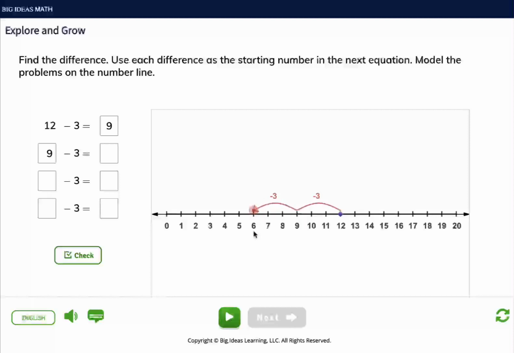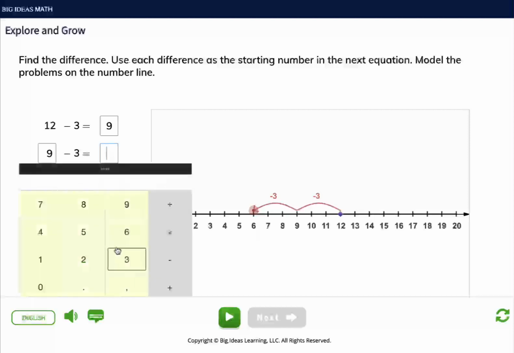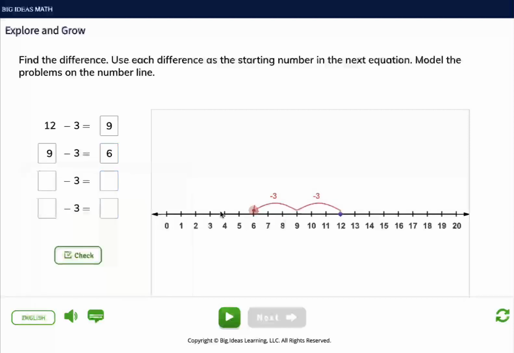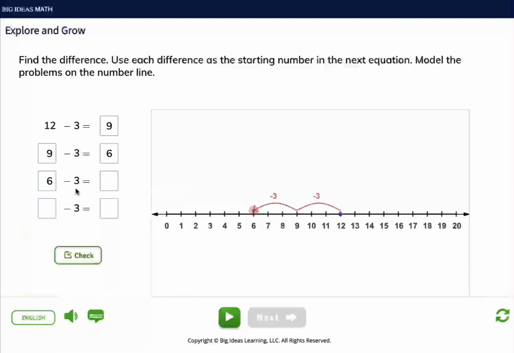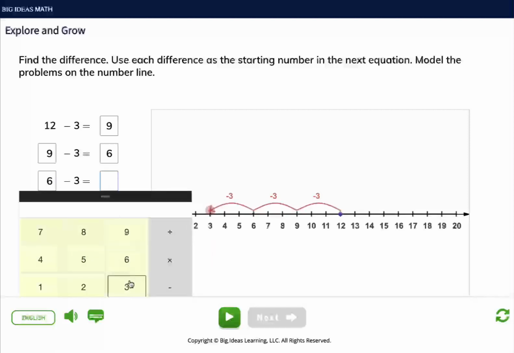So we land on 6. Okay, so we write here 6. And in the next equation, we start at 6. So 6 minus 3. We're using the same number, 6, as the starting number in the next equation. So 6 minus 3 equals 3. Yes.